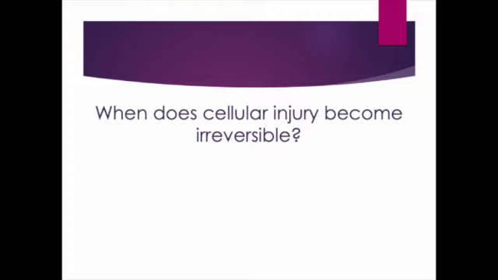So some factors that can contribute to this are mitochondrial damage, membrane permeability, loss of enzymatic function, genetic damage, maybe severe oxidative stress, an overaccumulation of toxic metabolites, loss of structural integrity, or overwhelming inflammation.